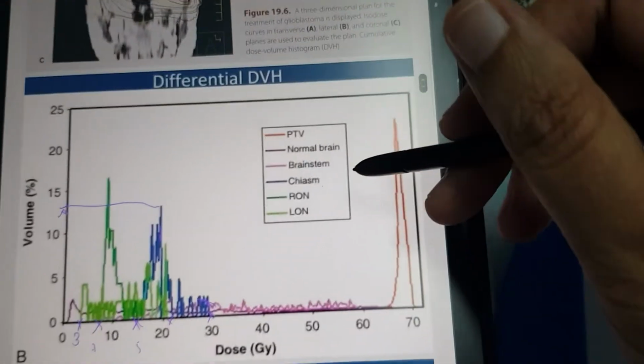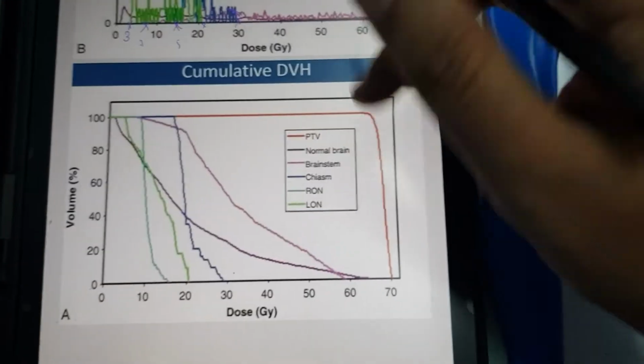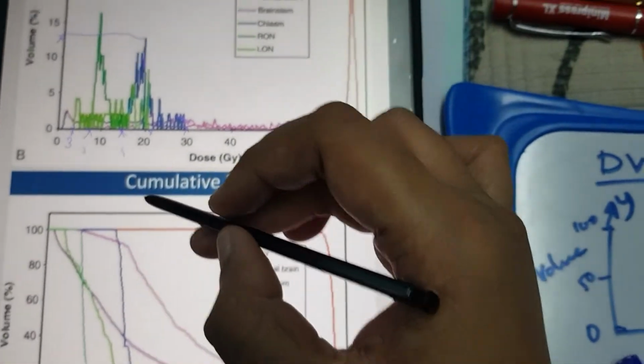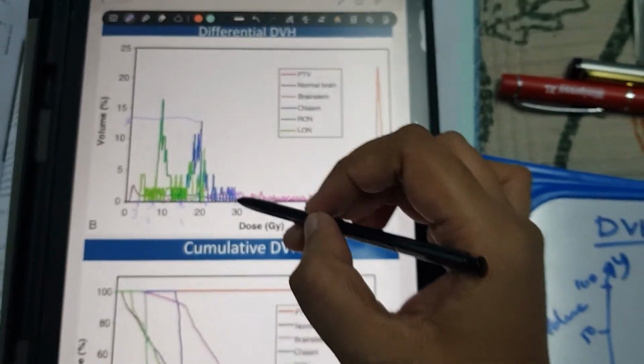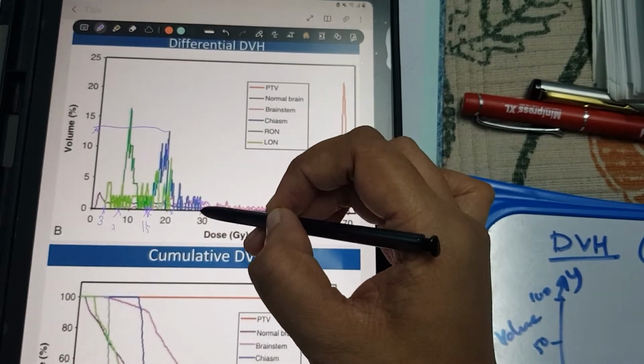So what I showed as the differential DVH is the same represented in the cumulative DVH. That's for the PTV. Now we saw initially for the optic chiasma, the blue one, it starts from around 15 and ends around 30.